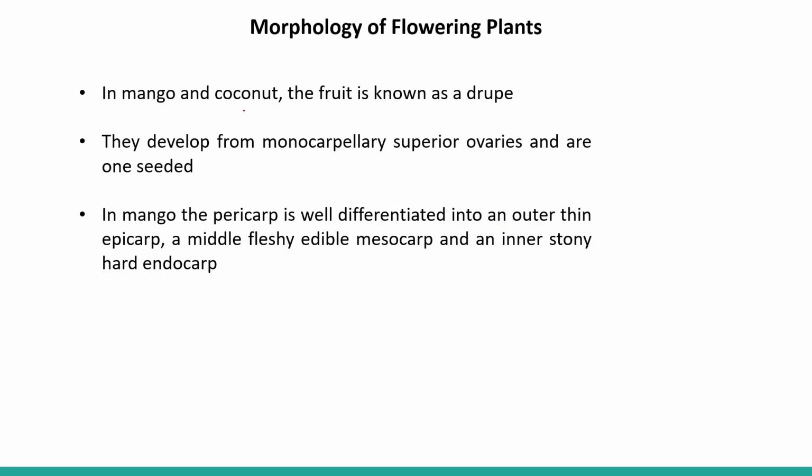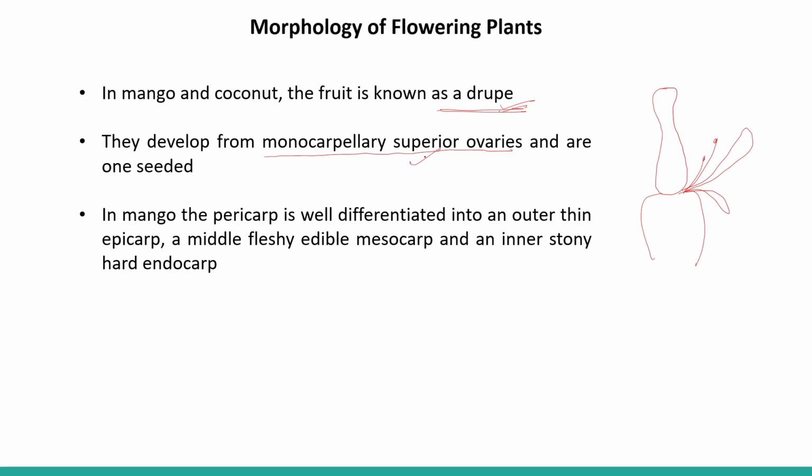So in mango and coconut, the fruit is a drupe. They develop from monocarpellary superior ovaries. A superior ovary is one where the ovary is attached to the thalamus, and all the floral parts like sepals, petals and stamens originate below the ovary.